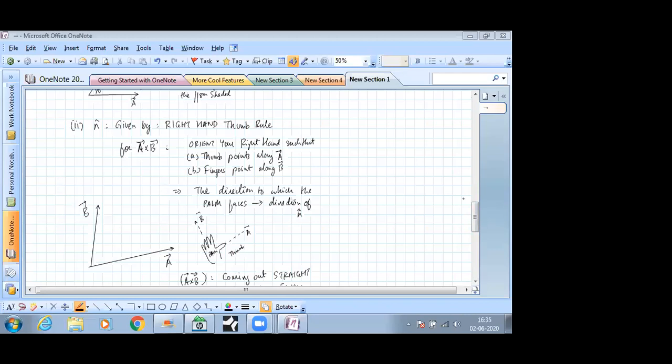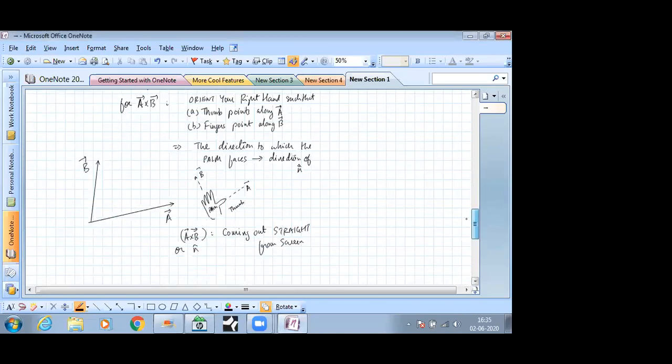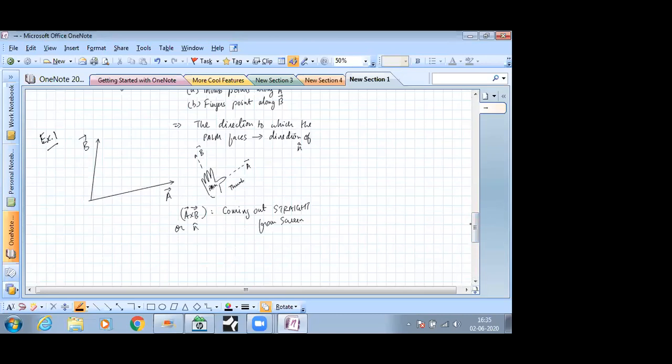So in the first example I've shown over here, we will do more examples. If you place your right hand such that your thumb is pointing along the vector A and your fingers are pointing along the direction of B, then you'll have to face your hand just the way I've drawn it over here. Whichever direction the palm is pointing, that is the direction.